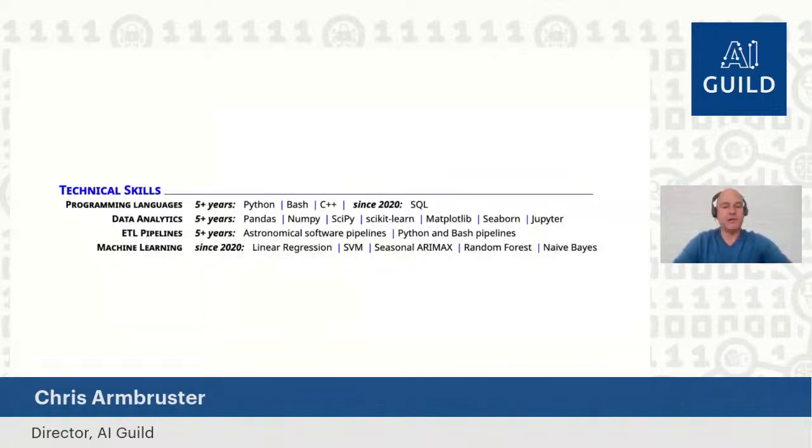One more example, much simpler, also about technical skills, also really grouped together here relatively simply in analytics, ETL, programming languages, and then machine learning. And with the machine learning, it says here since 2020. So newer, actually, this was a profile from 2021.